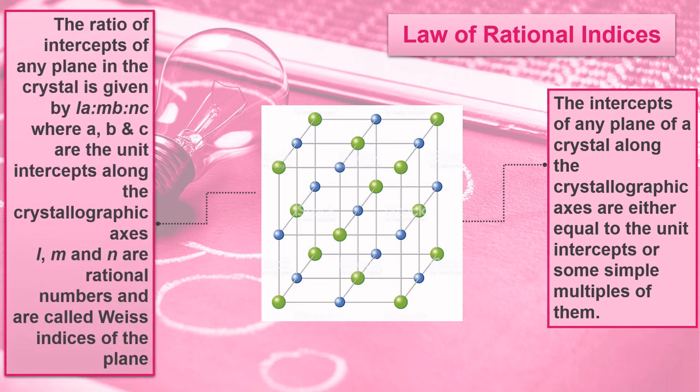This means that the ratio of intercepts of any plane in the crystal is given by lA : mB : nC, where A, B and C are the unit intercepts along the crystallographic axis and l, m and n are rational numbers, and these l, m and n are called the Weiss indices of the plane.